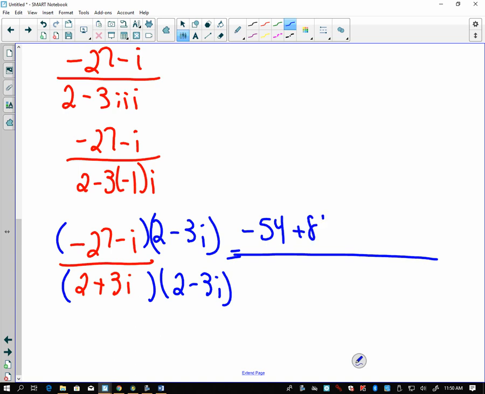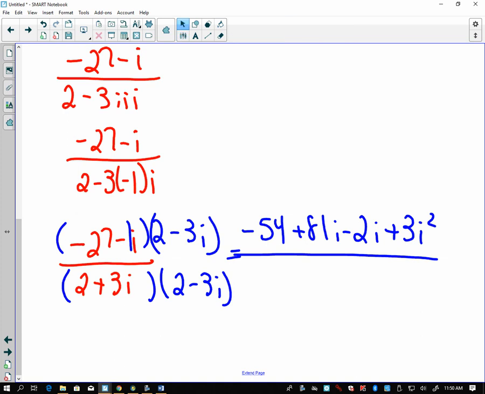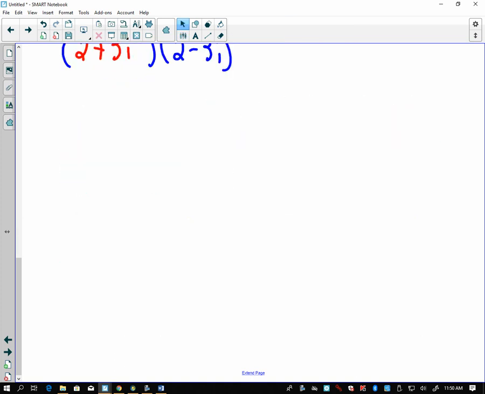Then we've got negative i times 2, which would be negative 2i. And then we have negative i times negative 3i. Treat that like a 1, negative 1 times negative 3. It's positive 3i squared.